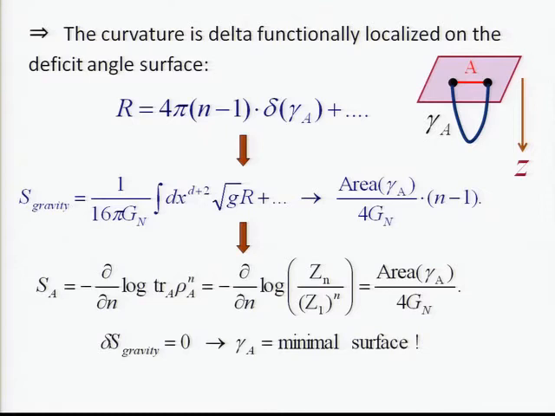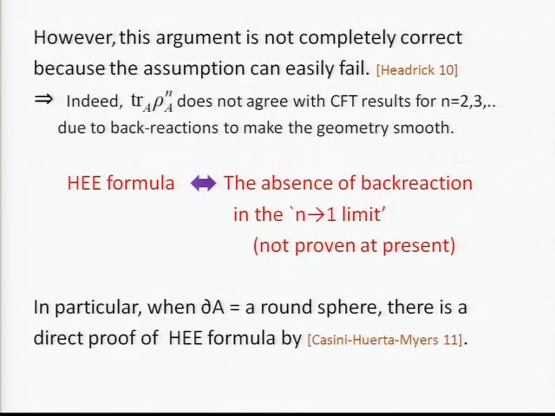That means this is not completely correct, so this trace of rho to the n is not correct. But to derive the holographic formula, we don't need the values n equal 2 and 3. If we assume the assumption is correct in the limit n goes to 1, then everything is okay.